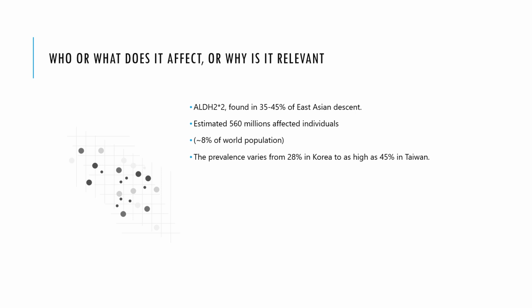The ALDH2*2 allele is found in about 35 to 45% of East Asian descendants. It is estimated that 560 million individuals are affected by it. Obviously, it is more prevalent in Asian countries, ranging from 28% in Korea to as high as 45% in Taiwan, but it also affects Asian American populations.